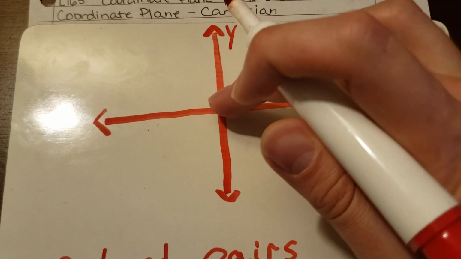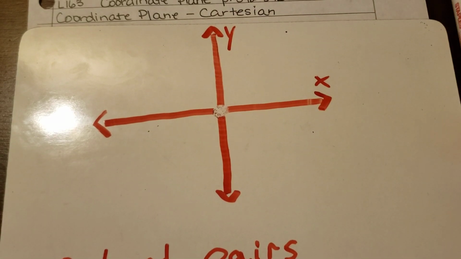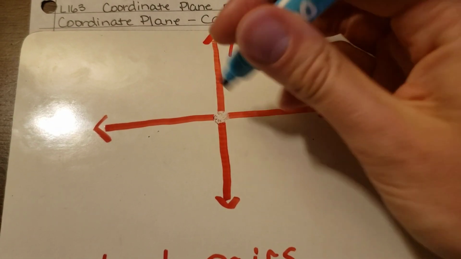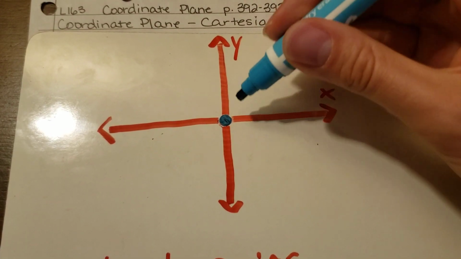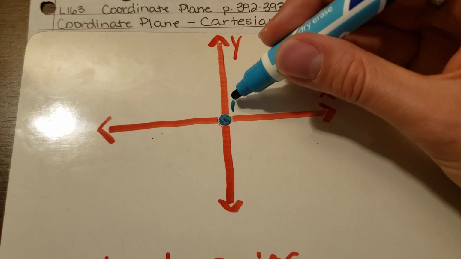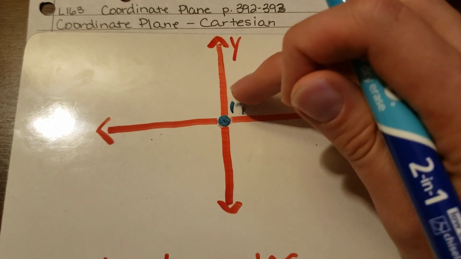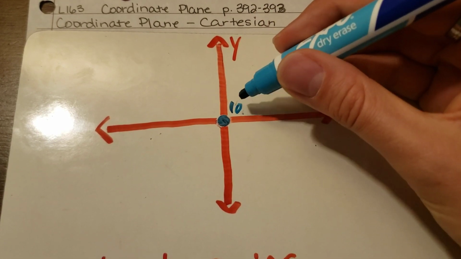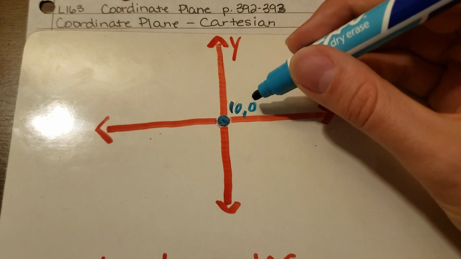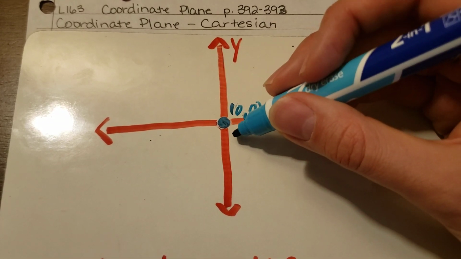Actually, what I'm going to do is I'm going to erase that, color it in a different color. Ooh, Mr. Bulger getting fancy. And this is point 0, comma, wow, you can't really read that. That's too small. It's point 0, comma, 0. And this is known as the origin.